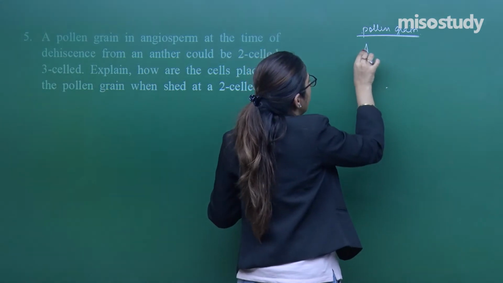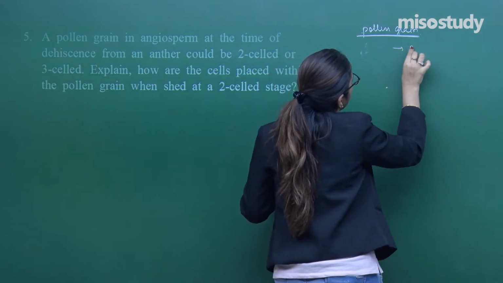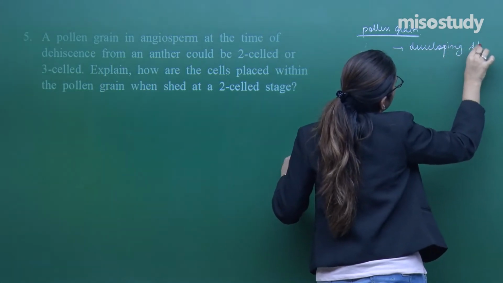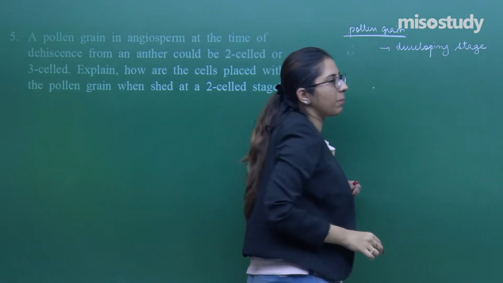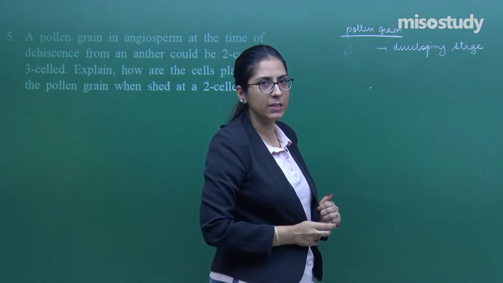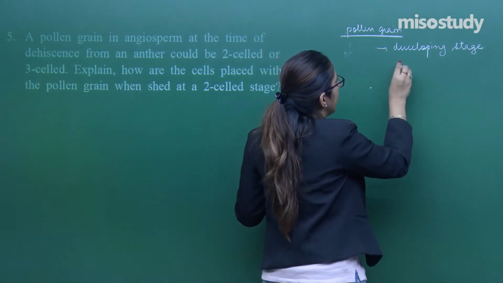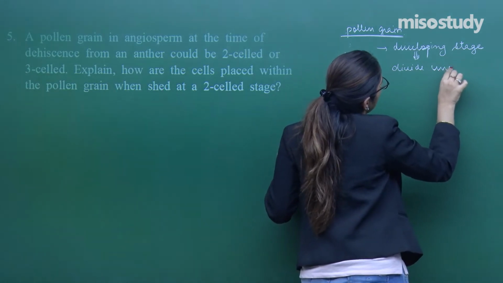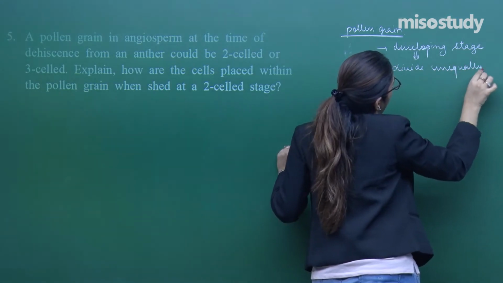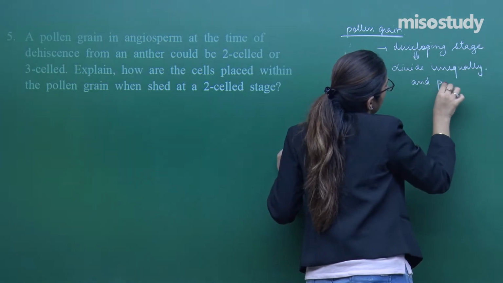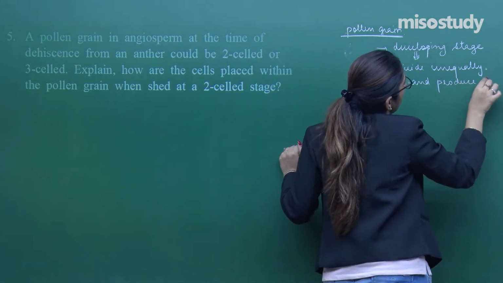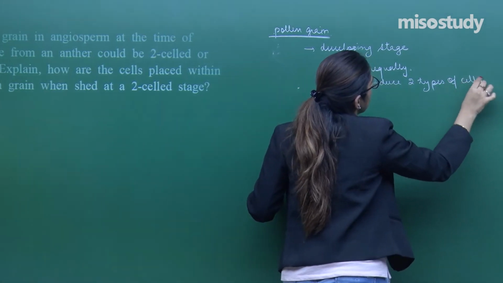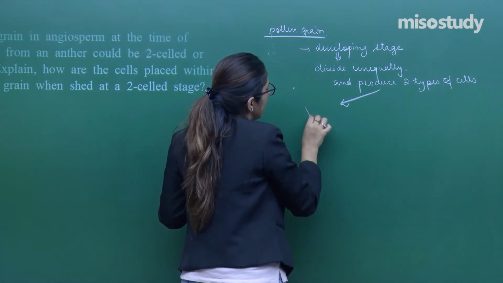These are in the developing stage, and in this developing stage, they divide unequally and produce 2 types of cells. The first cell is called the vegetative cell.